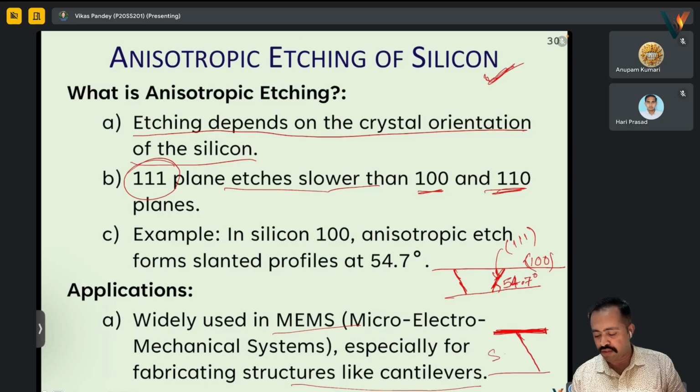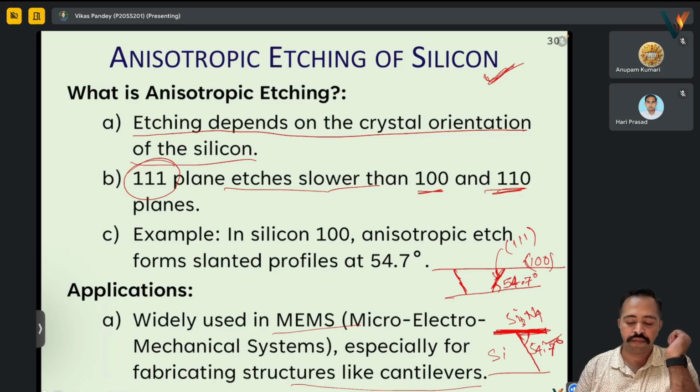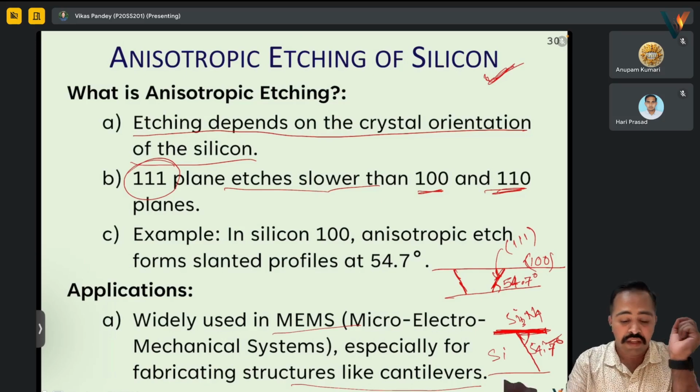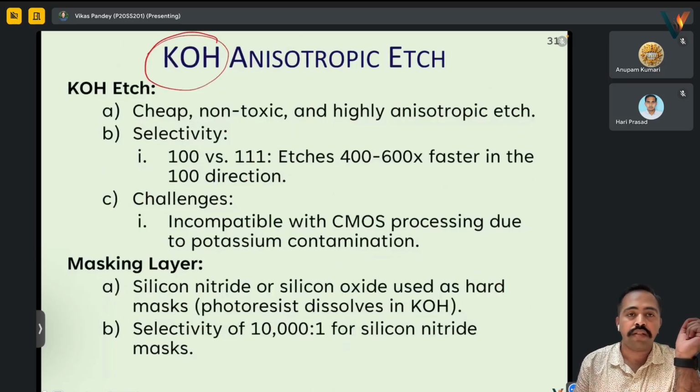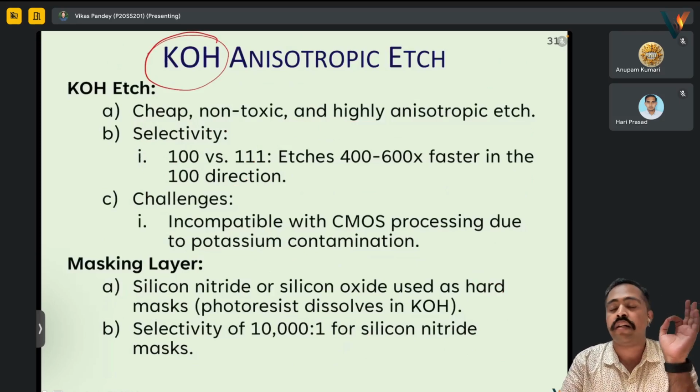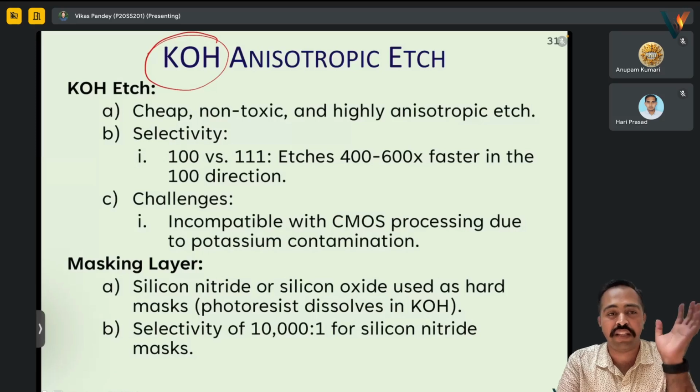Now we have silicon and say this is Si3N4. So this area becomes hanging, this angle is 54.7 degrees, and we are able to get the cantilever structure.